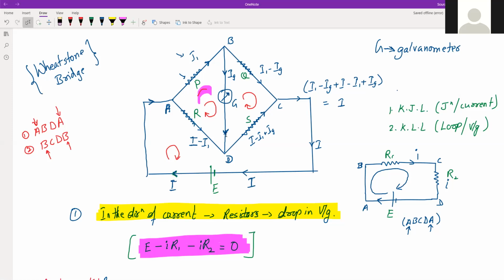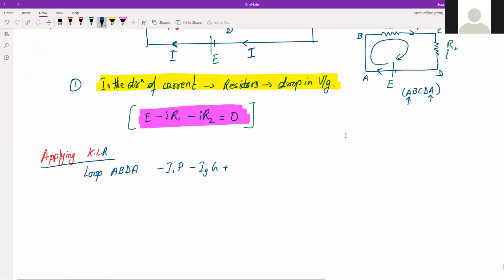I am going from lower potential to higher potential. So while going from D to A, the resistor is R and the current is I minus I1. So (I minus I1) into R, and this equals 0. This is my first equation. And you can see here that the last term is positive.